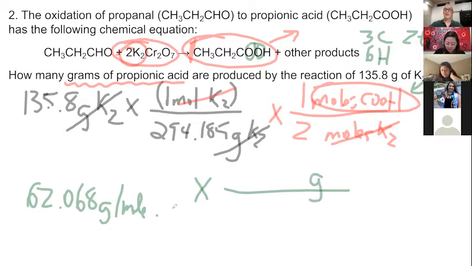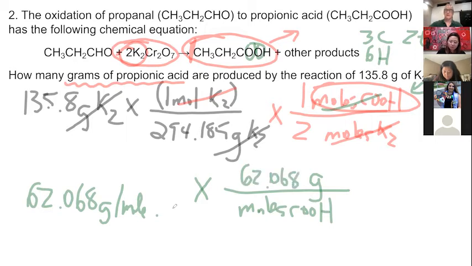And I want to get rid of these moles. So I'm going to put moles of acid on the bottom and put the molar mass of the acid on the top, which is 62.068. So I have moles of acid as a numerator. I have moles of acid as a denominator. And now the only unit I have left is grams of acid.